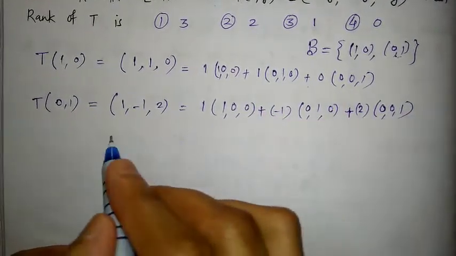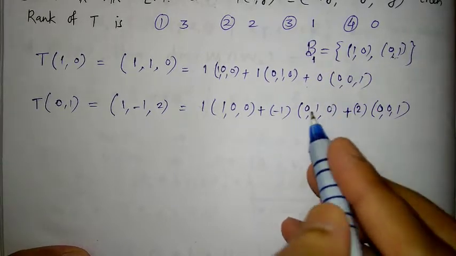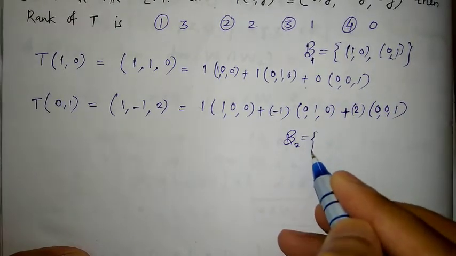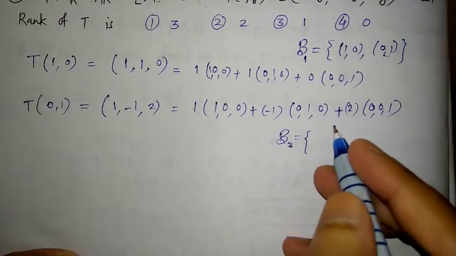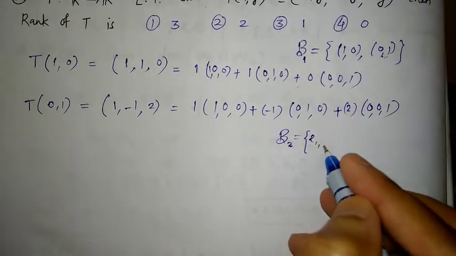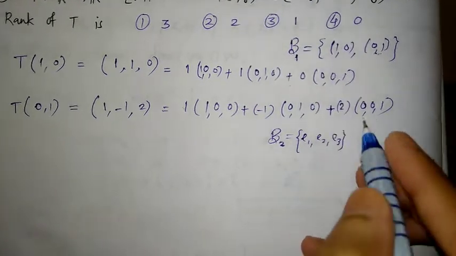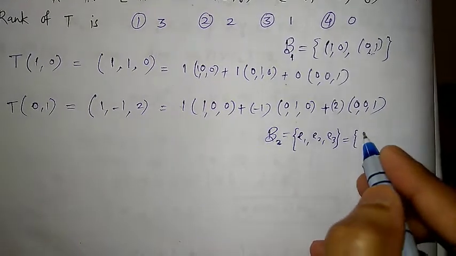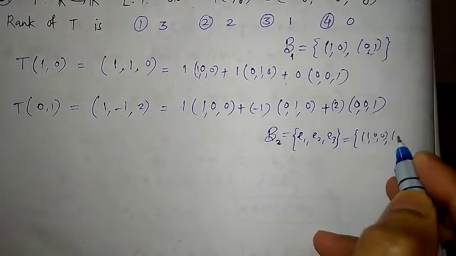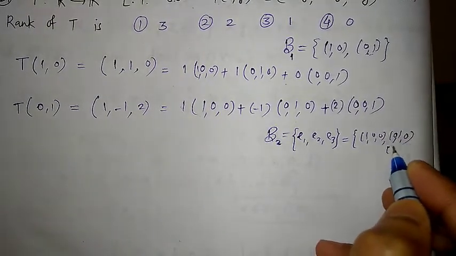And the basis, let us denote it by B1, and B2 is the basis of R3, which is E1, E2, E3, the standard unit vectors, namely (1, 0, 0), (0, 1, 0) and (0, 0, 1).